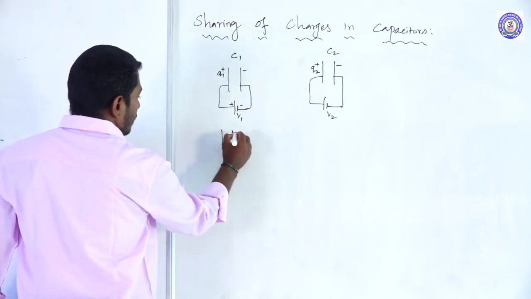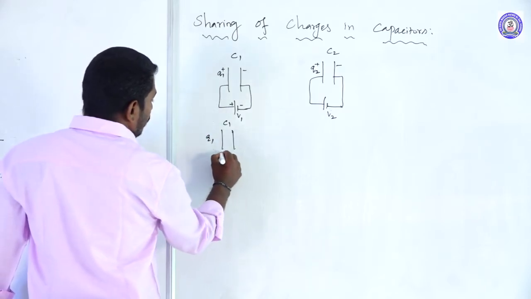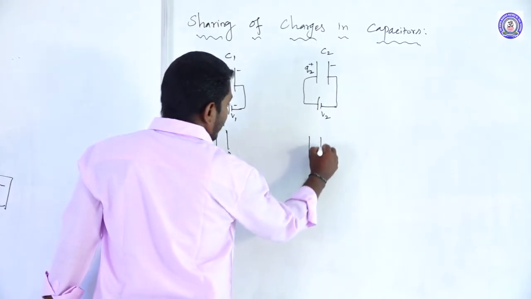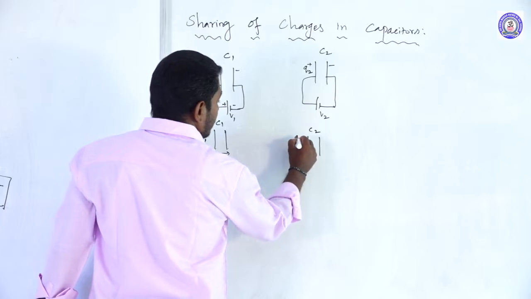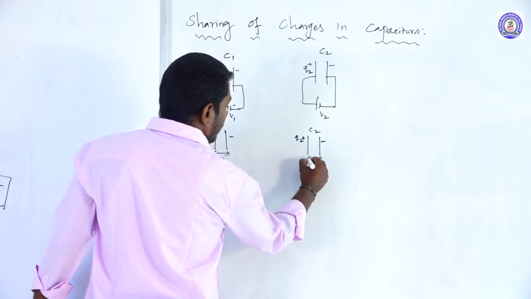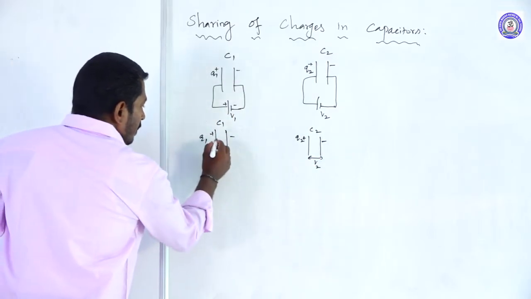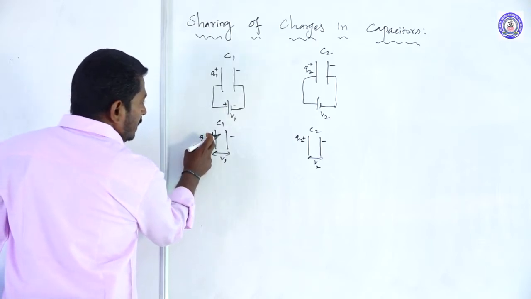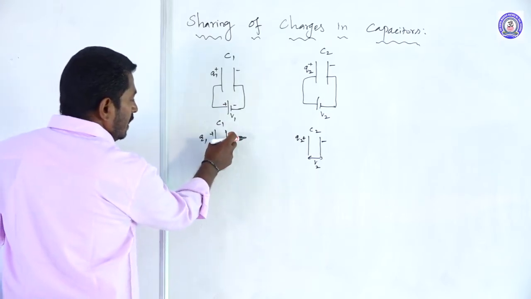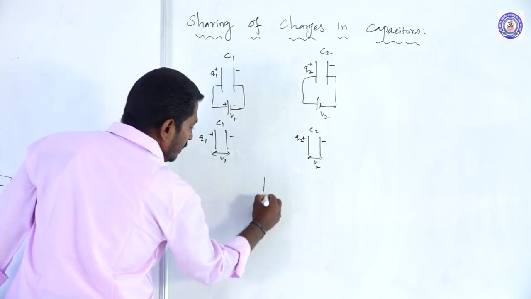So the first capacitor has capacitance C1, charge Q1, potential difference between the two plates V1. The second capacitor has capacitance C2, charge Q2, potential difference between the two plates V2. Now the positive plate of one capacitor is connected with the positive plate of the other capacitor, and the negative plate of one capacitor is connected to the negative plate of the other, forming the combination.